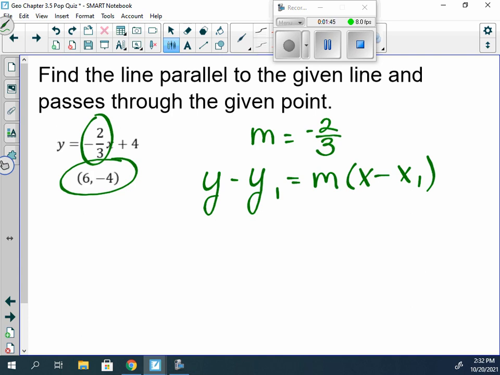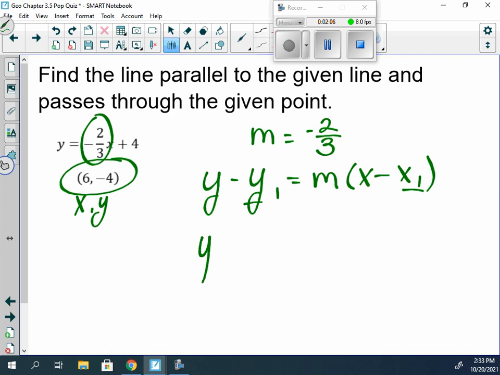Now this formula here is the point slope form because x1 and y1 are a point. And I have a point, yes? 6, negative 4. And it always comes in the form of x comma y. So the first value is x, the second value is y.